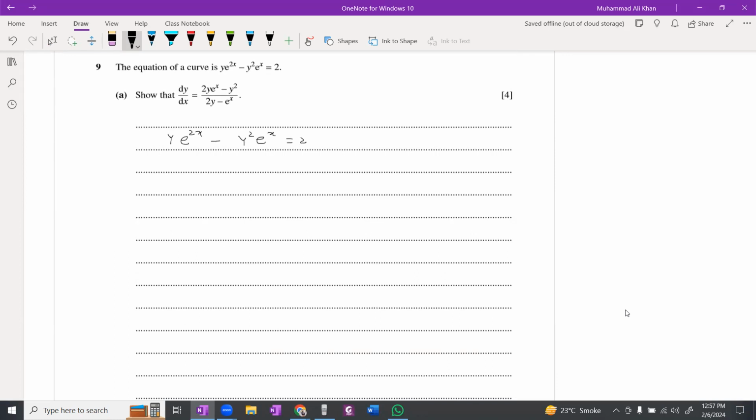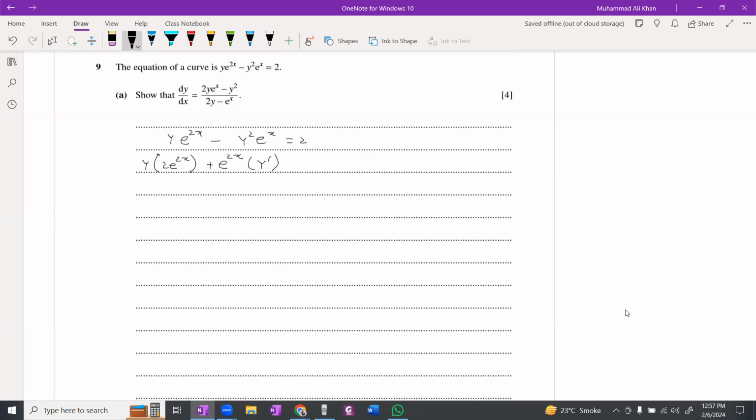So, by using differentiation concept, on y e power 2x, we have to use product rule u, the derivative of v. So what is the derivative of e power 2x? The derivative of e power 2x will be 2 e power 2x. U, the derivative of v, plus v, the derivative of u. Derivative of y is y dash.